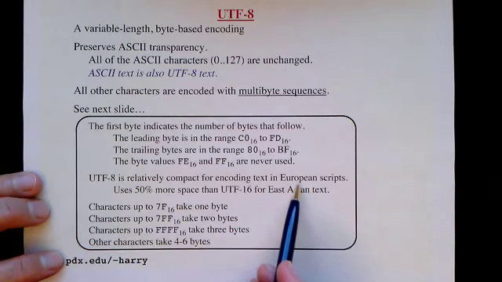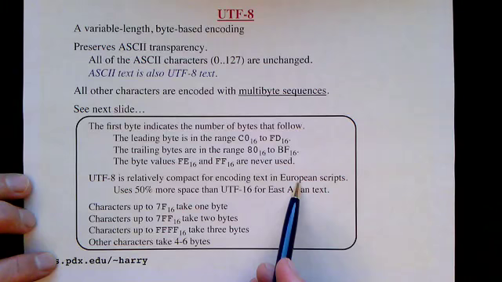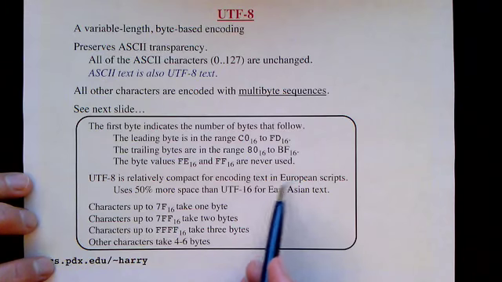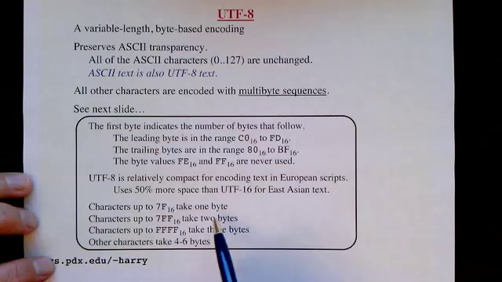If it's only ASCII, if it's only English, and we are using only ASCII characters, then we require only 1 byte per character. If we stay in the world of Western Europe and use only characters in the Western European set, then we can get by with 2 bytes per character.